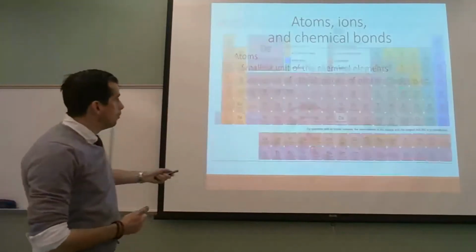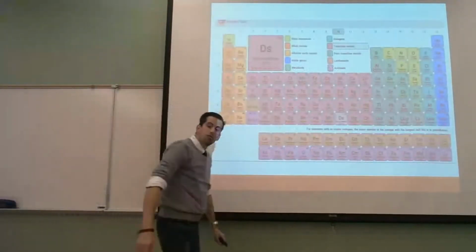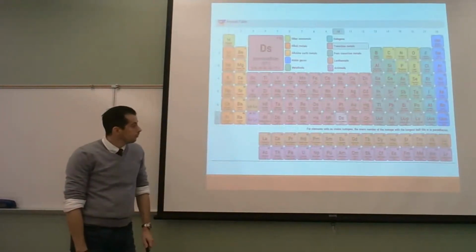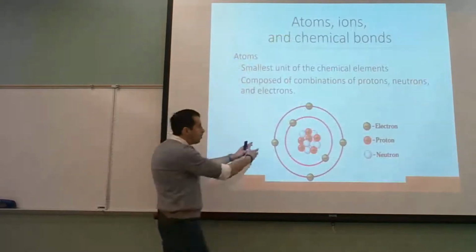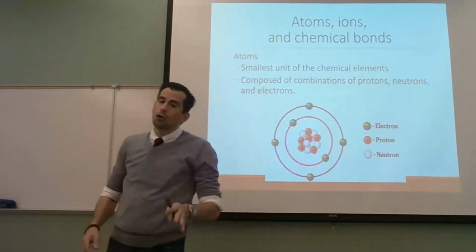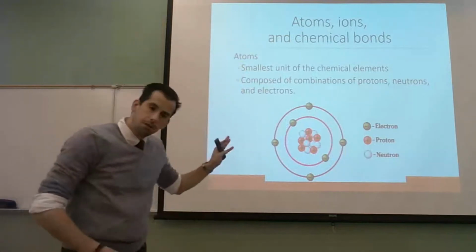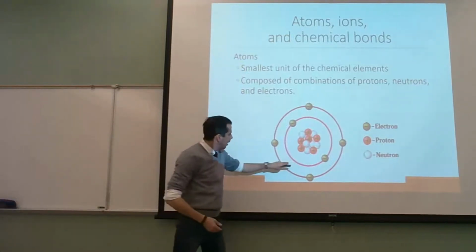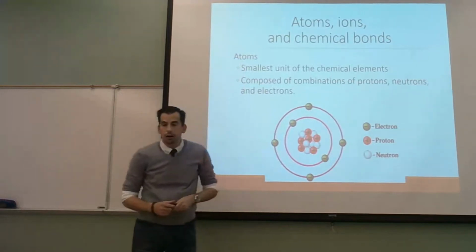Now, as you can imagine, we've got an awful lot of elements on the periodic table. As we get bigger and bigger, we're going to be adding more and more layers. Now, beyond the third layer, things get extremely funky. 2 in the first layer, 8 in each of the next 2 layers.